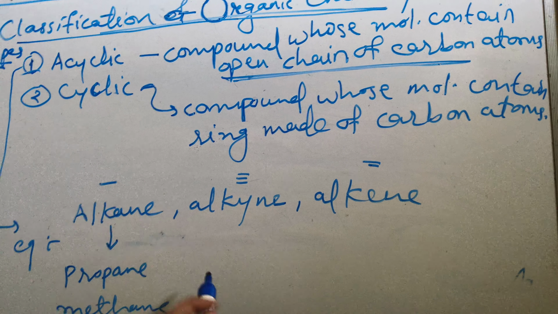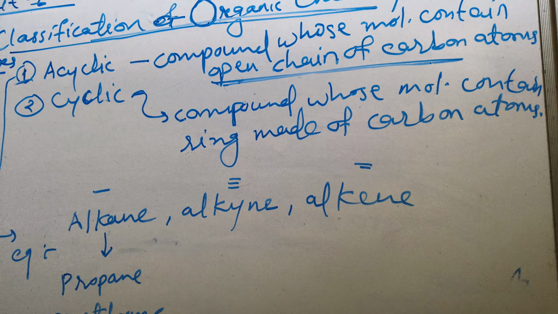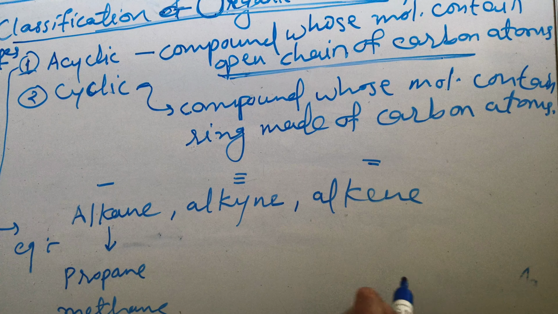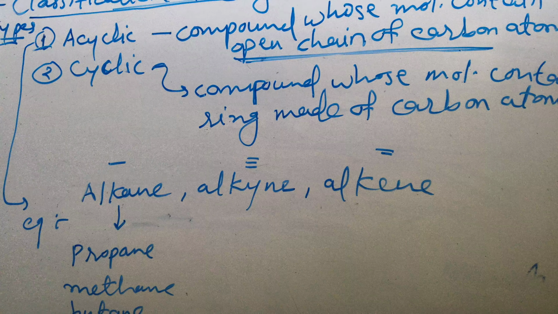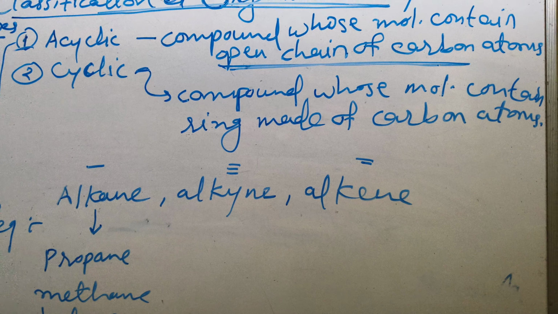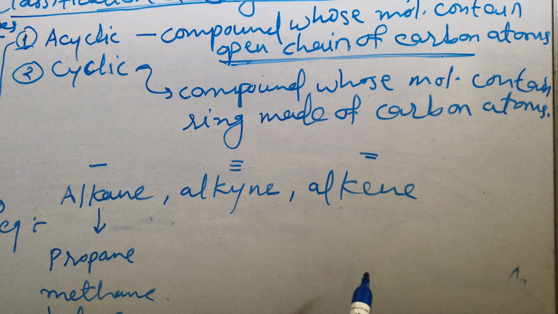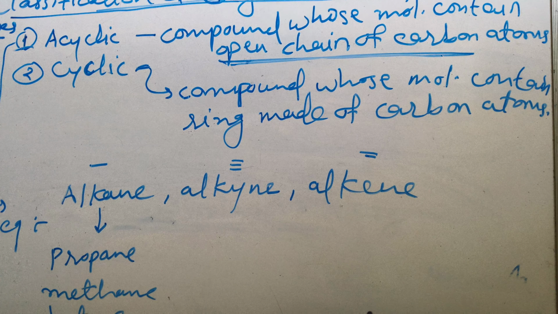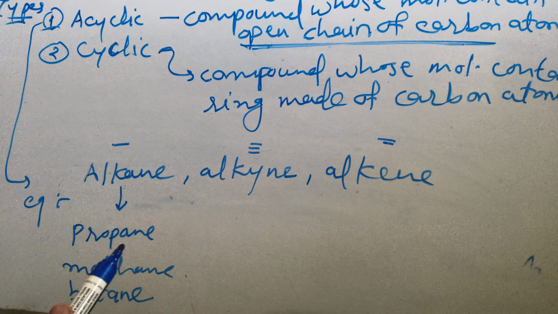Alkyne examples are propyne, butyne. Alkene examples are propene, butene, like this.